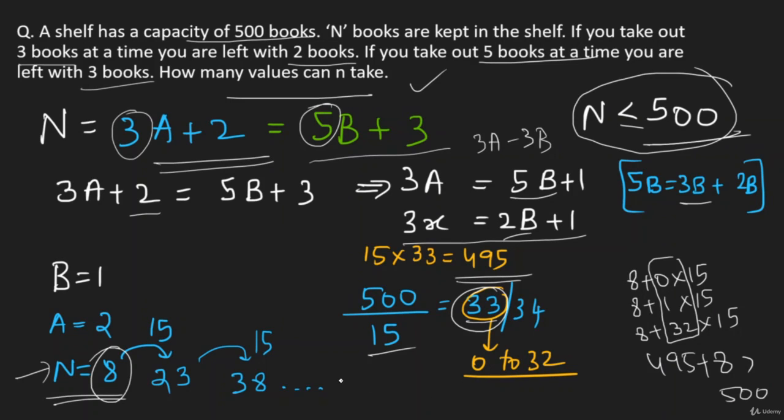And what's the last number over here? It's 8 plus 32 into 15, which is equal to 488. So the values that N can take is 8, 23, 38, etc. up to 488, and there are a total of 33 values that N can take.